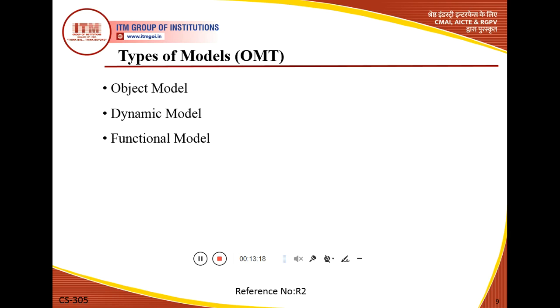Now if we talk about the second type of model, the dynamic model. So what do you mean by dynamic model? Basically dynamic model describes the aspect of a system that is related to the time and sequencing of operations, such as events, changes in the sequence of events, and states. On the basis of sequencing of operations or according to the event, we will organize the events and states in the dynamic model.